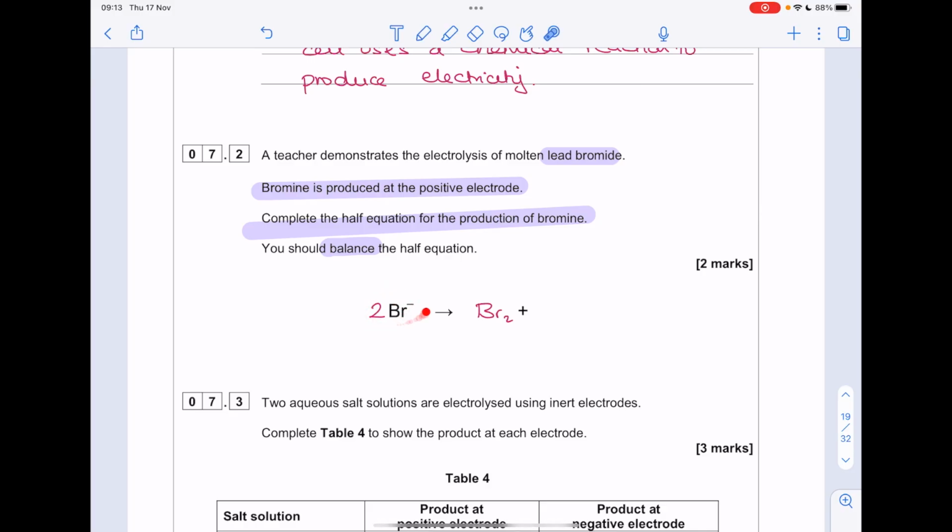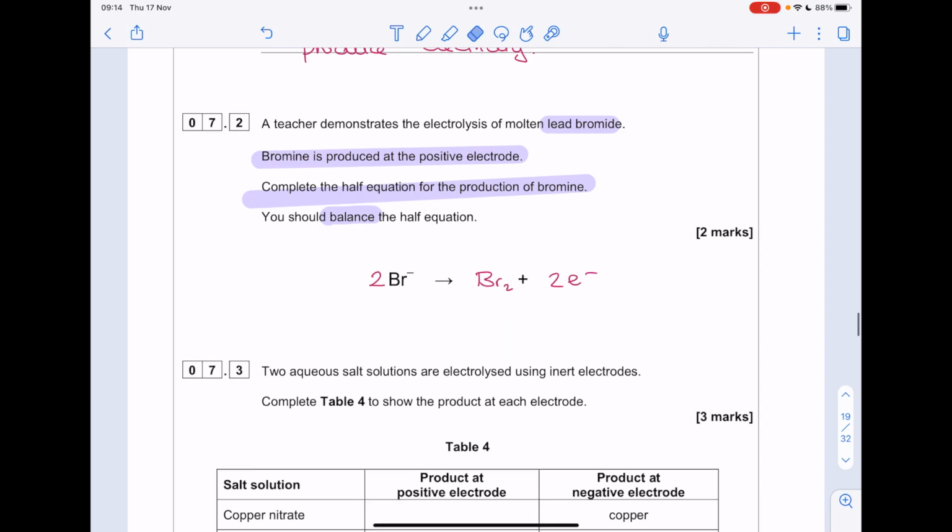And then because you've gone from something which is negative to something which is neutral, effectively you've removed electrons, because remember, electrons are negative. How many have you removed? It's 2. You might also have seen this equation like this, which probably makes a little more sense, because look, there you are removing those 2 electrons. But because of how they've laid it out in the question, we have to answer it that way round.